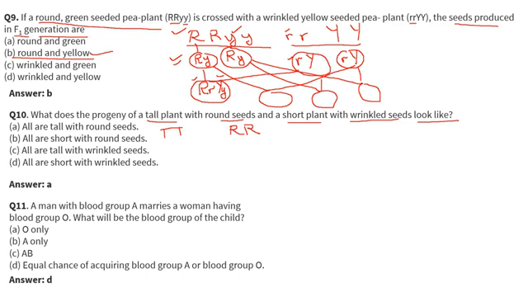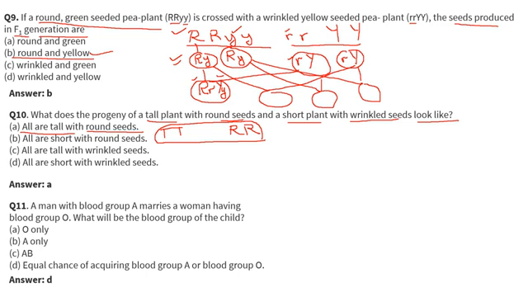So the short and the wrinkle cannot be shown in the progeny. You will find the result has all tall plants with round seeds, because both the genes are homozygous and they are dominant genes. So tall and round are dominant, and you can see the progeny are all tall and having round seeds.